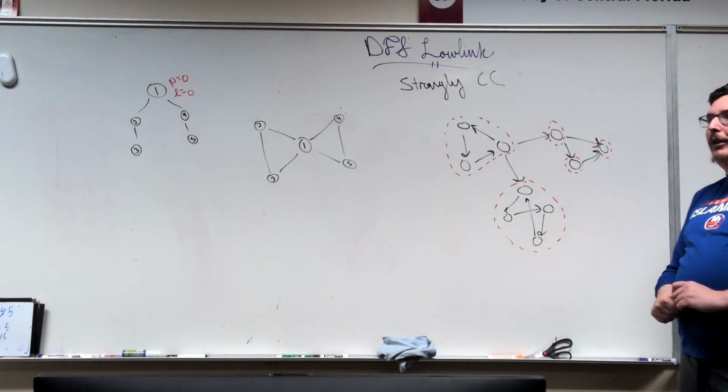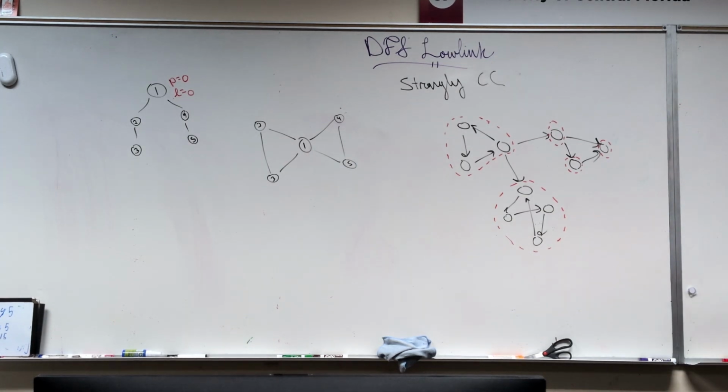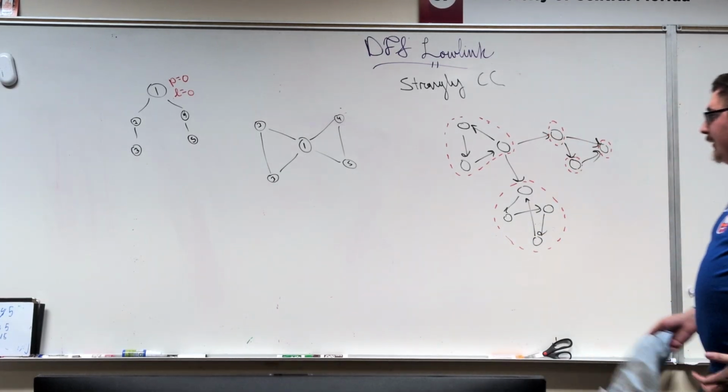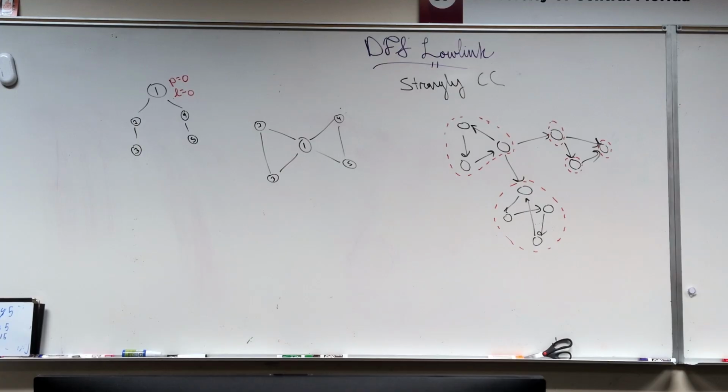Does anyone have any questions about strongly connected components? So we can use DFS Lowlink once again to find strongly connected components, but there is one major consideration we need to have.